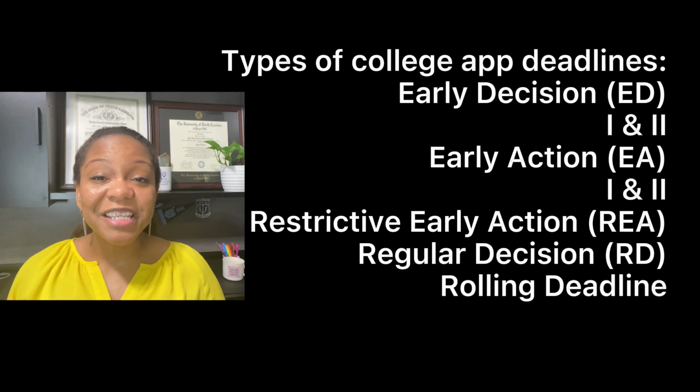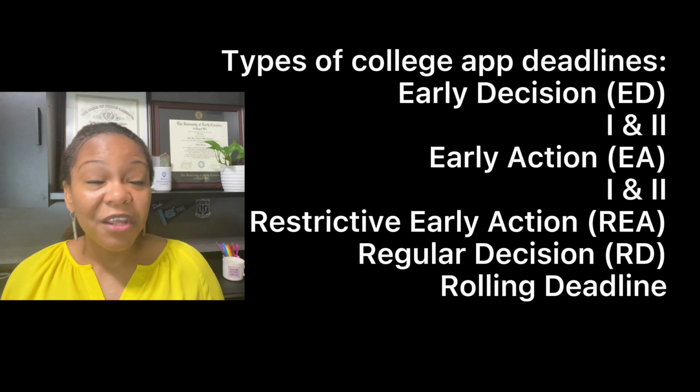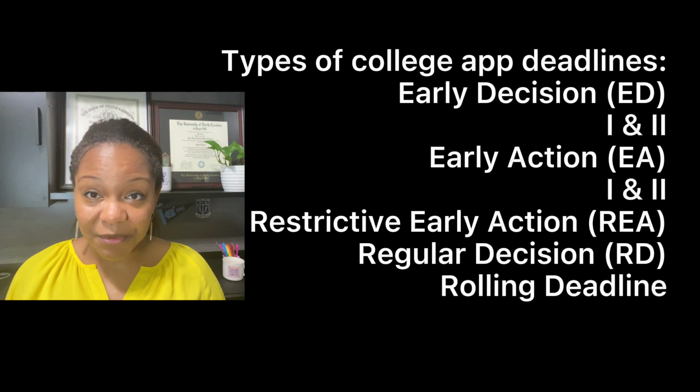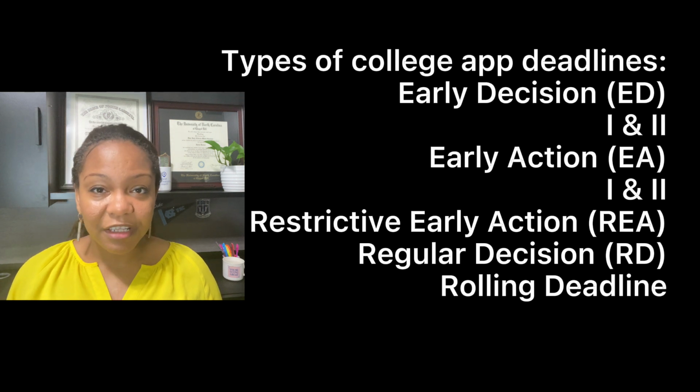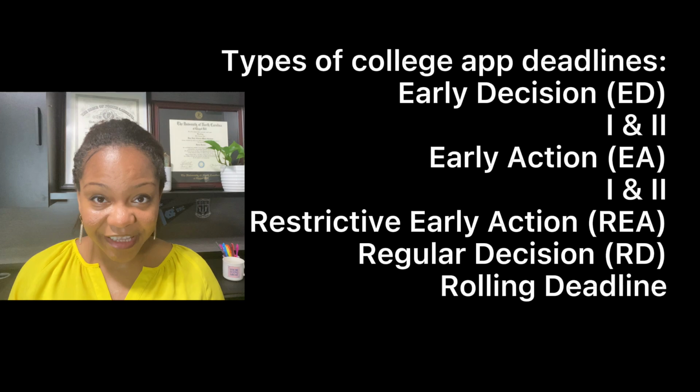These can be broken down even further into early decision 1 and 2, early action 1 and 2, restrictive early action, regular decision, and rolling deadlines. Oh my gosh, so many! Let's slow down to explain them all.